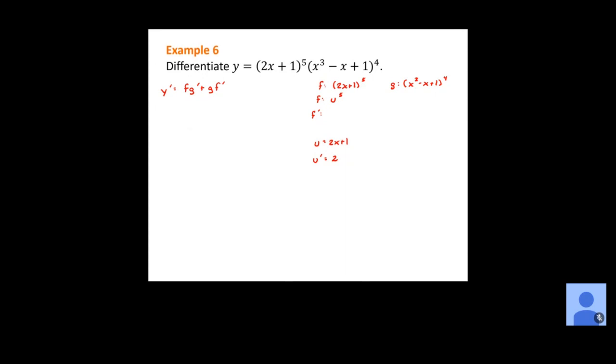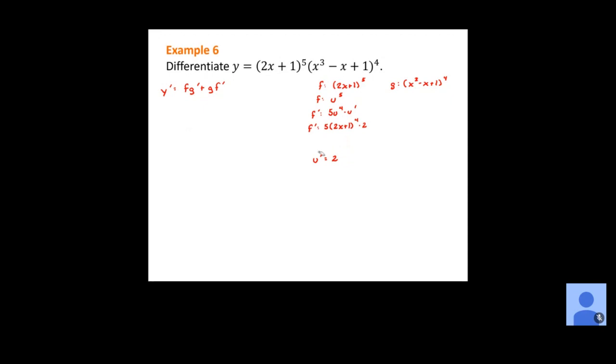So just in terms of u here, what would the derivative be? Okay, so that's the overall. That works. Okay, so let me do it in terms of u, and then I'll substitute everything in because that's what you're going to get. So it's going to be 5u to the 4th times our u prime. And then if we substitute the u value and u prime in there, that's going to give us 5 times 2x plus 1 to the 4th power times 2.